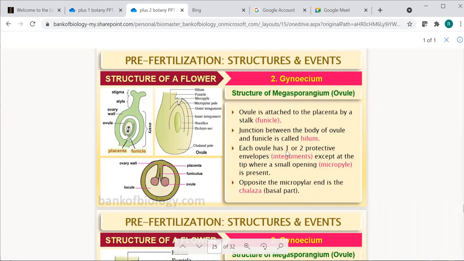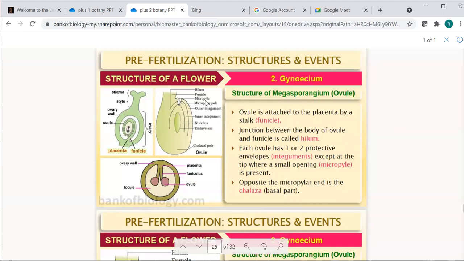Each ovule has one or two protective envelopes called integuments, a protective layer: outer integument and inner integument. The ovule has a covering except at one particular place, the micropyle.